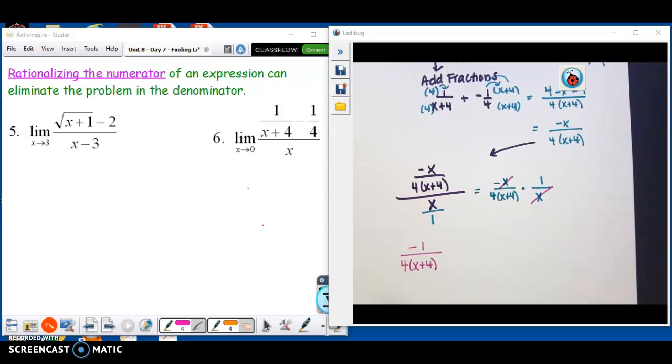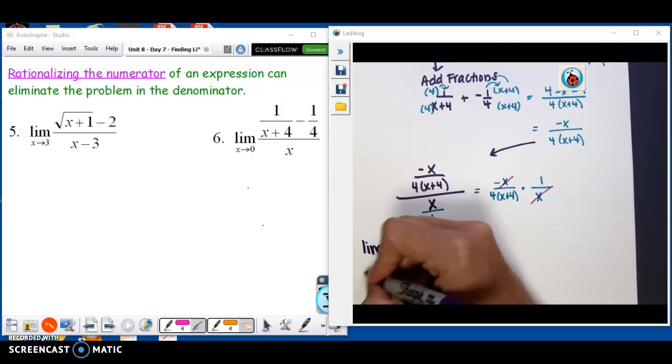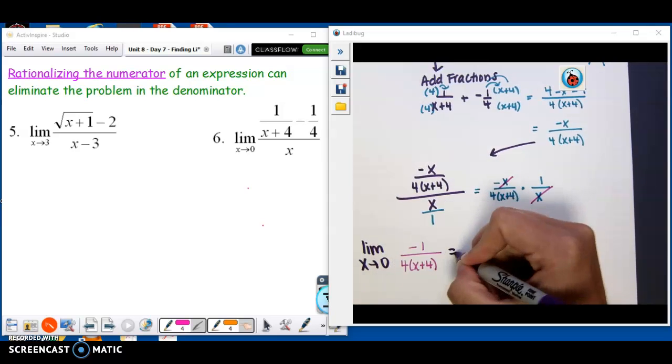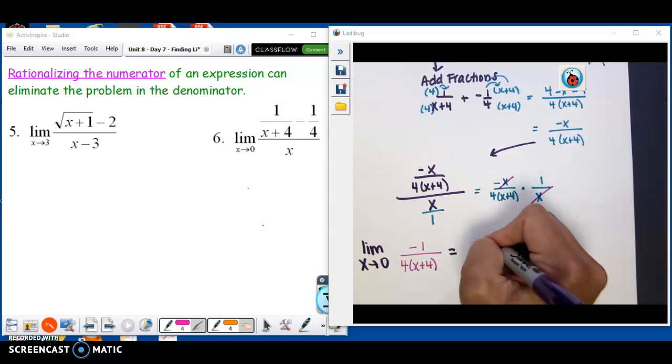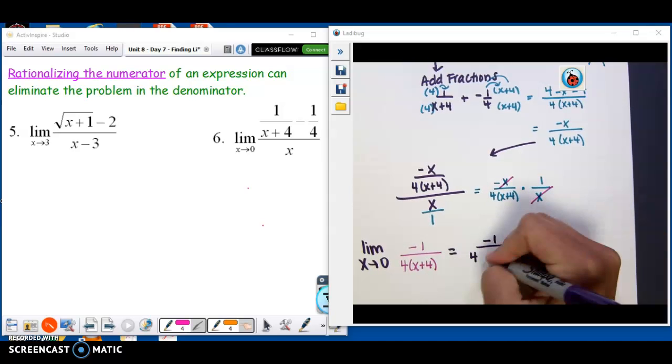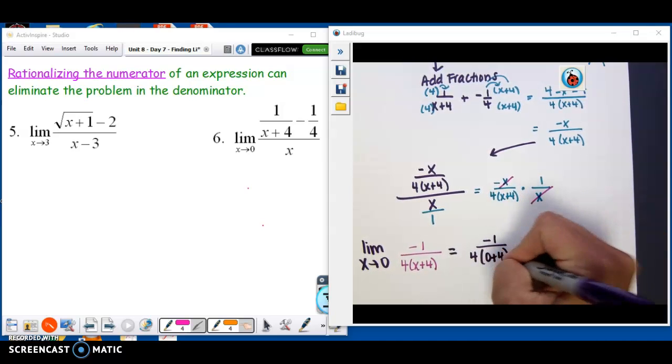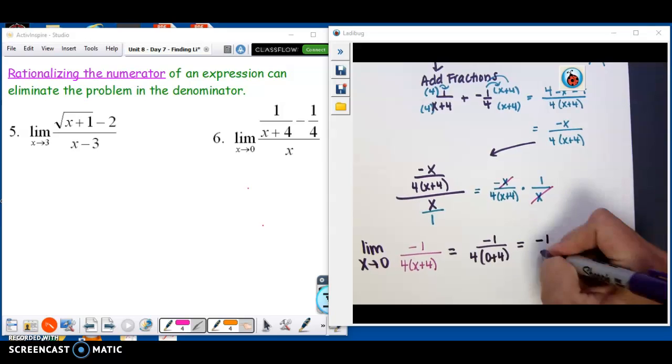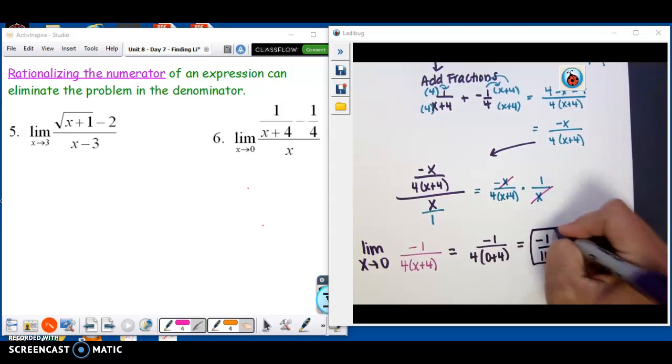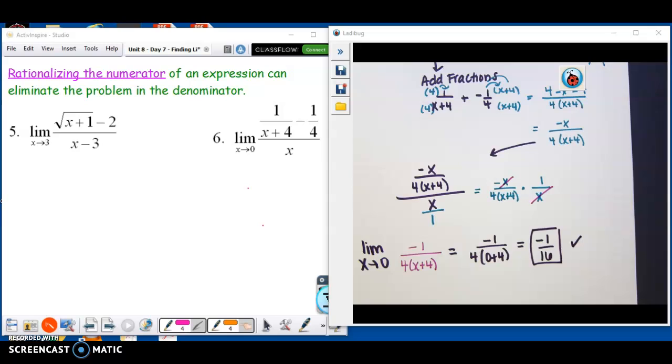Now that those x's canceled, we bring down our limit as x approaches 0. We do direct substitution of 0 plus 4, so we end up with negative 1 over 16 for our final answer.